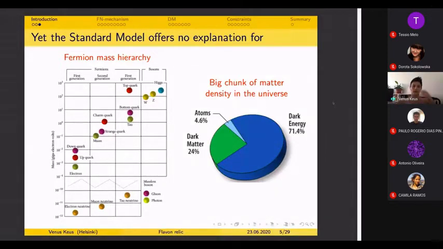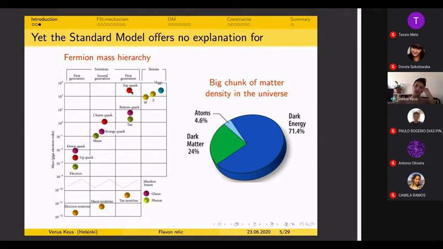There are many reasons that we know we have to go beyond the standard model, but the two shortcomings of the standard model that I'm going to focus on here are the fermion mass hierarchy and the dark matter abundance. When you look at the particle content of the standard model, you see that the electron, the lightest charged lepton, has a mass about 6 orders of magnitude lighter than the top quark.